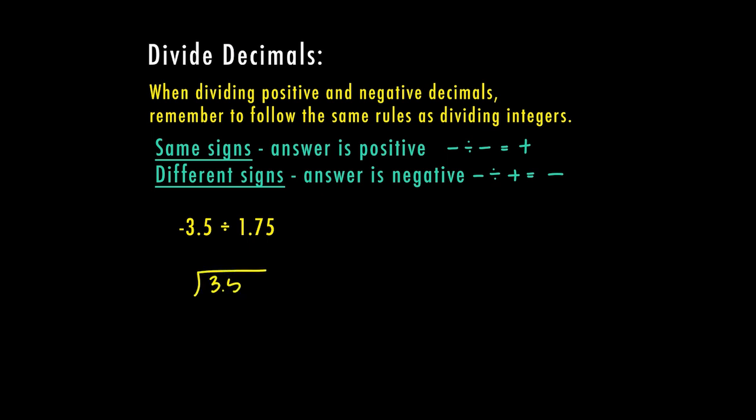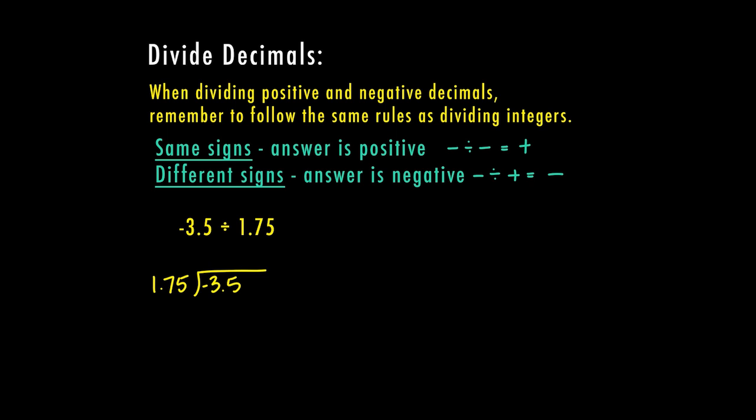This is going to be my dividend, and then I'm going to divide by the divisor, which is the number outside. So once I've written this in the form of long division, you can see I went ahead and included my signs. They aren't necessary when you are writing it out as long division, but I don't want to forget those, so I am going to go ahead and incorporate those.